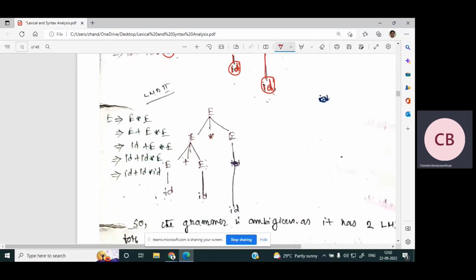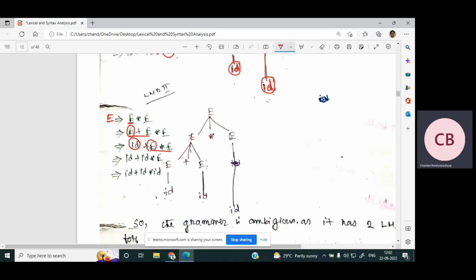If I had started with E to E star E, then this first left E, I'm expanding to E plus E, the left variable. Then for this, what is the left variable? This is E. E is expanded to ID. The remaining E to E plus E is left. You can check.